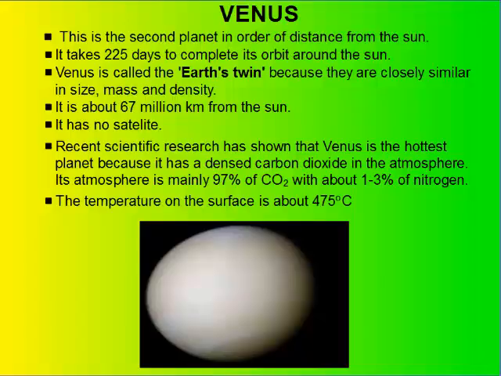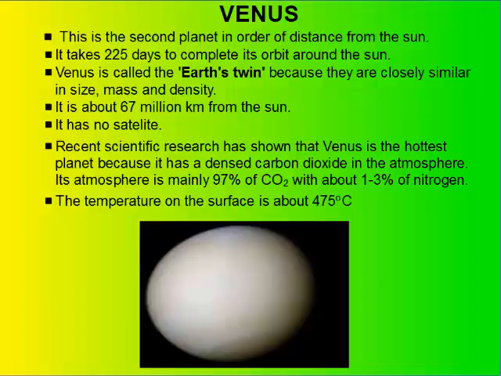The temperature is estimated to be about 475 degrees Celsius, which is more than Mercury and more than any other planet. So this is an image of Venus, the planet.